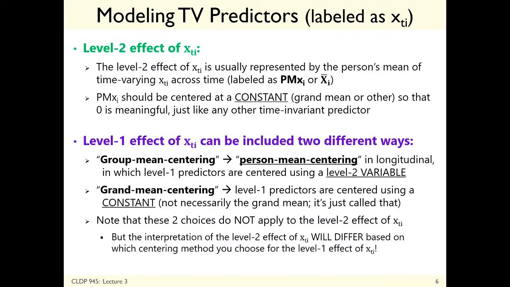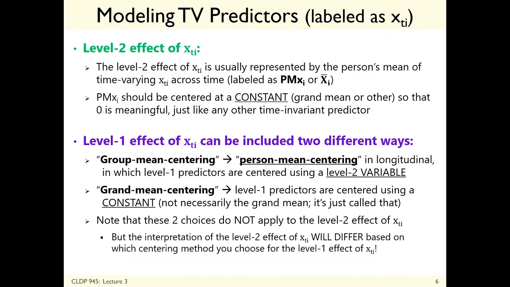So here's what people do typically in such situations. When you only have data where time is not relevant, it's fluctuation data, this could be a reasonable approximation. Almost universally, what they will do is take the level 1 predictor and compute the person's mean of it across occasions.